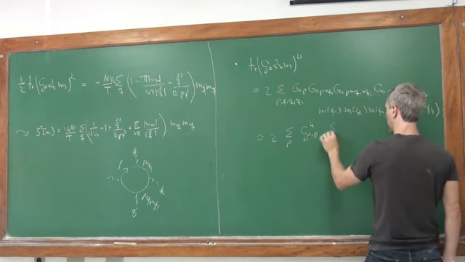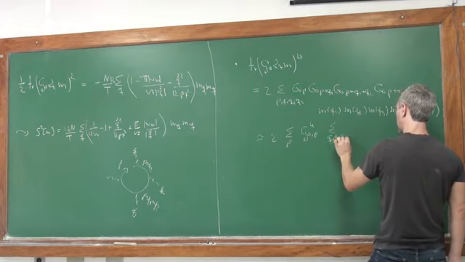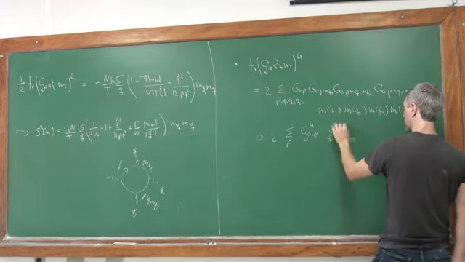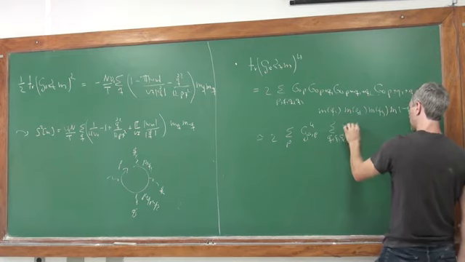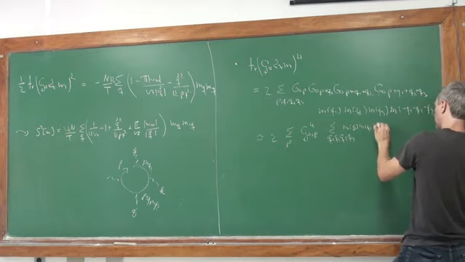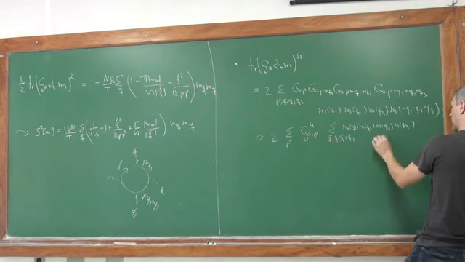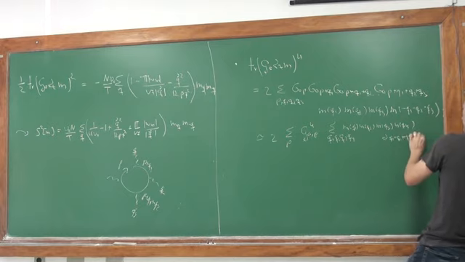Then we still have the q1, q2, q3, and let me write this in a more symmetric way, copying this q1, q2, q3, q4. So I have momentum conservation: q1 plus q2 plus q3 plus q4 is 0.